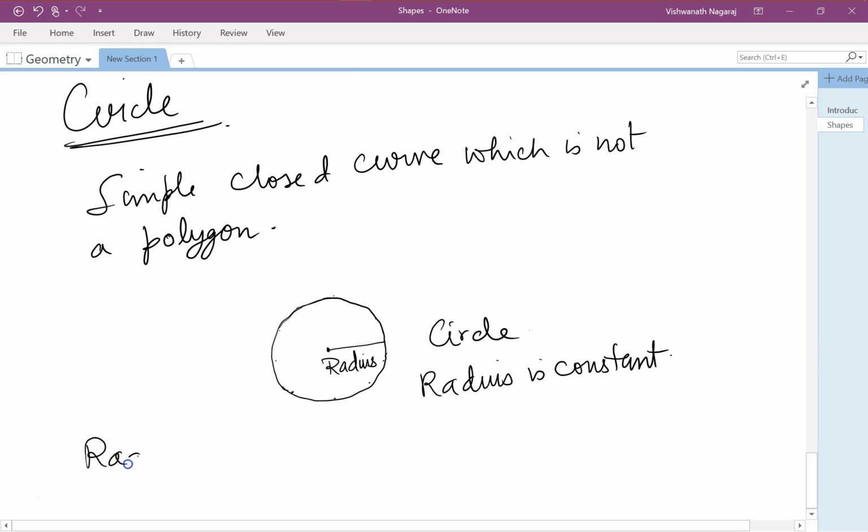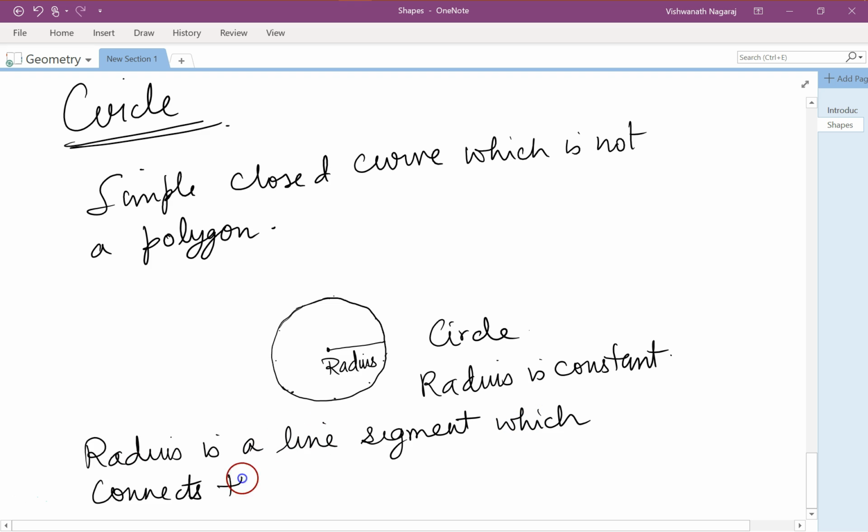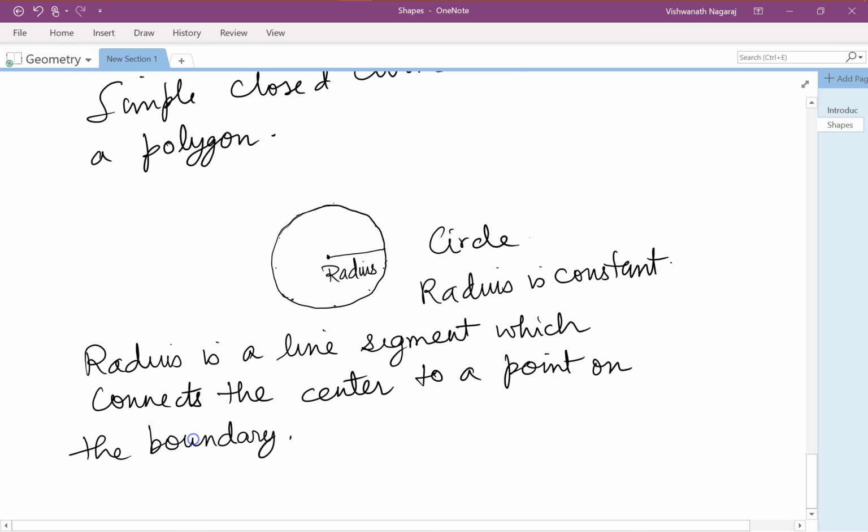So a radius is a line segment which connects the center to a point on the boundary. So this is given a name O usually, and this we can give any alphabet, say P. So O is the center and P is said to be the point on the circle.